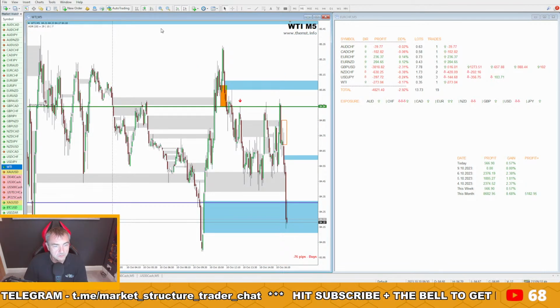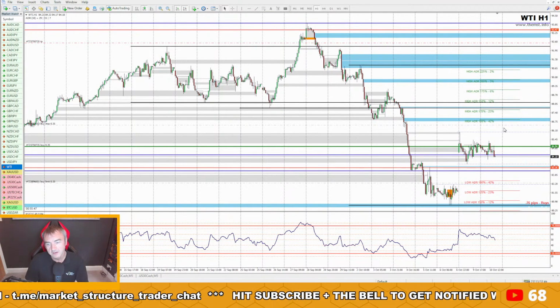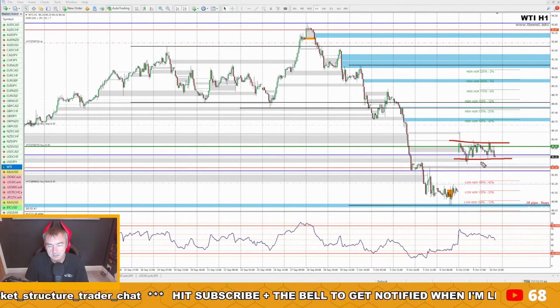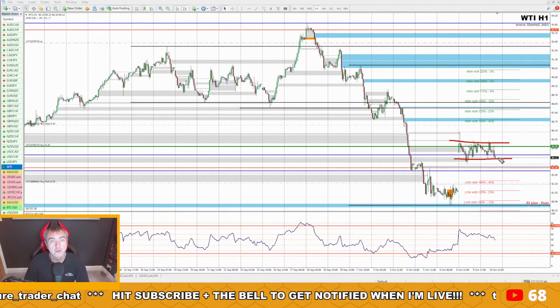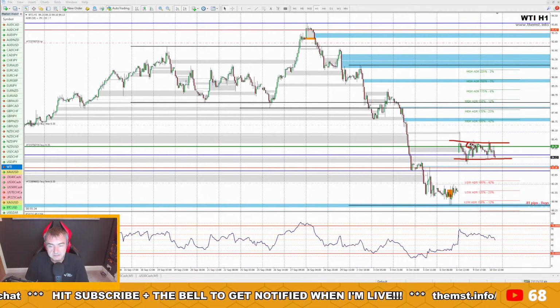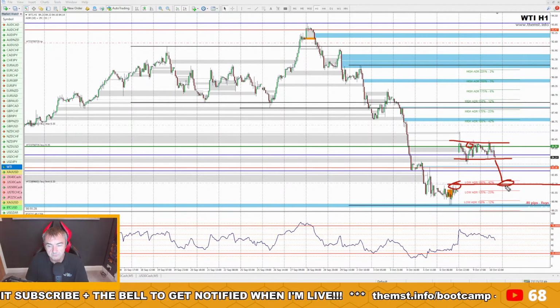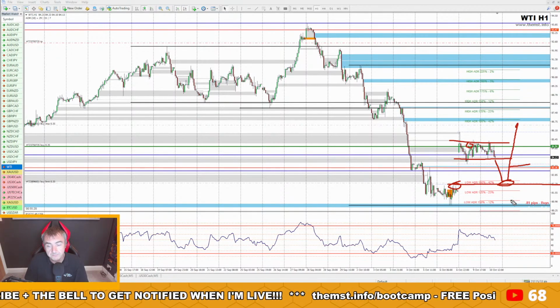So I've got a long on oil at the minute, which I took yesterday. We're waiting. It looks to me like the gap fill is going to happen, but we're not going to get any crude inventories. They don't come out until Thursday this week at 4 o'clock because we're on a bank holiday from yesterday. So I took an initial long yesterday morning, looking for a push down into gap fill. Once the gap fill is done, I'm going to take a second, average in, and then look for a push up from there.